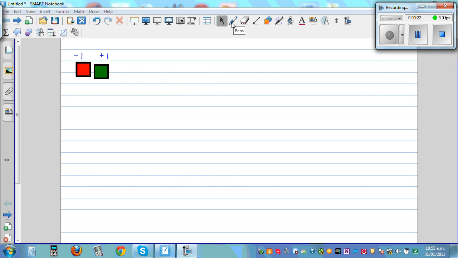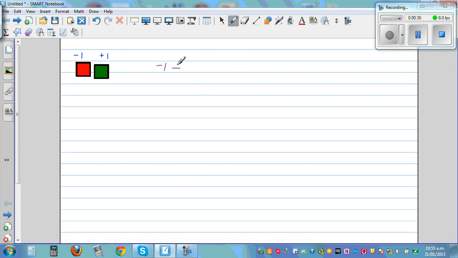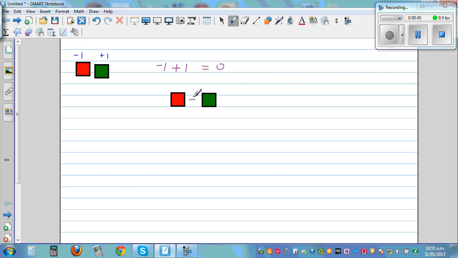Okay, so before we add, let us understand that -1 plus 1 is equal to 0. That means if you take a negative tile, this is a negative tile, and add these together, -1 plus +1 is equal to 0.